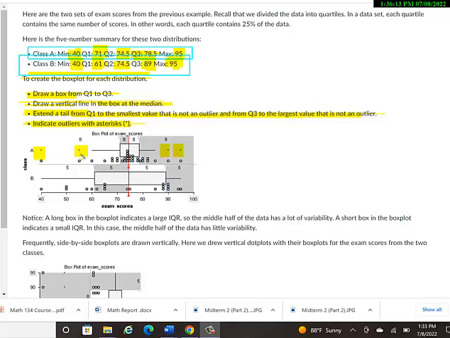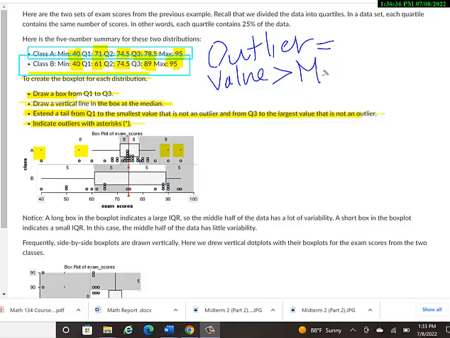So those must be further from the center than Q3 minus Q1, I think. Isn't that how we defined outlier? If you think it's an outlier that's larger than all the values, then that value must be larger than the median plus, was it 1.5, the interquartile range.